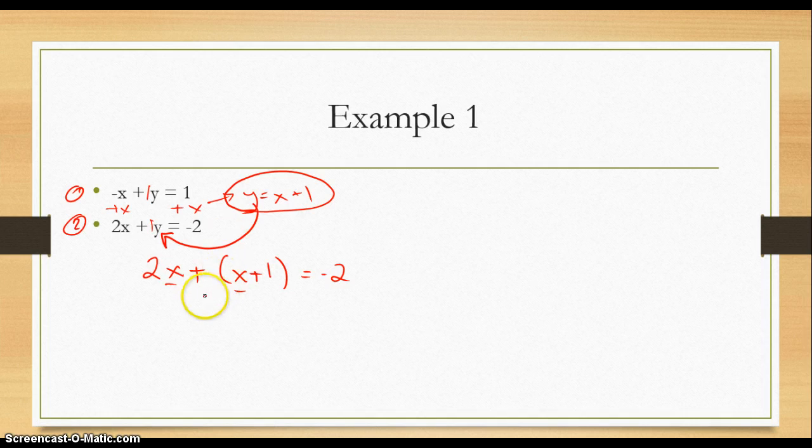Okay, so now combine like terms. We have 3x plus 1 equals negative 2. Subtract 1, 3x equals negative 3. And divide by 3 and you get x equals negative 1.